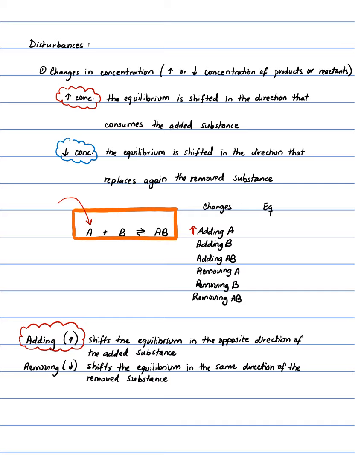So for your reaction to go back to that original equilibrium, now that you have more of that reactant, it will have to use up that amount that is being added. So adding a reactant will always shift the equilibrium in the opposite direction, which is towards the right side. It shifted towards the right side, your products, because that amount of A that has been added has to be used up, forming more of what you have on the product side.